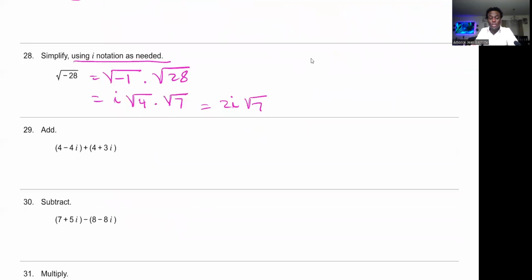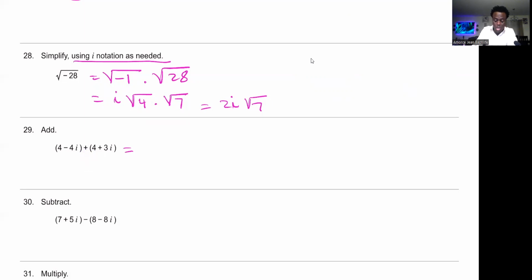Okay, almost done. Almost there. How do we add complex numbers? If you know how to combine like terms, you know how to add complex numbers. There's no constraint for you not to drop your parentheses.